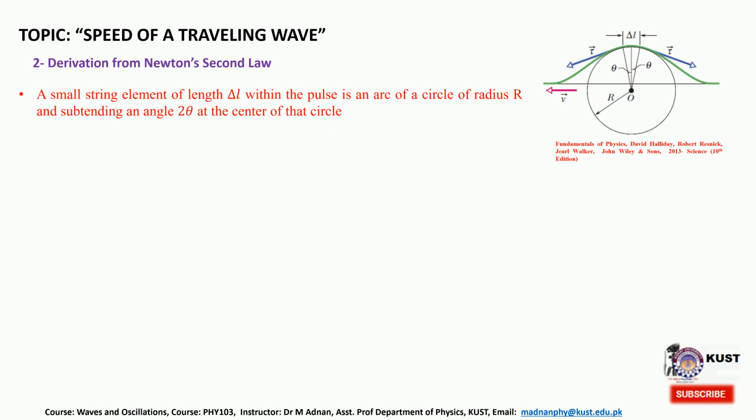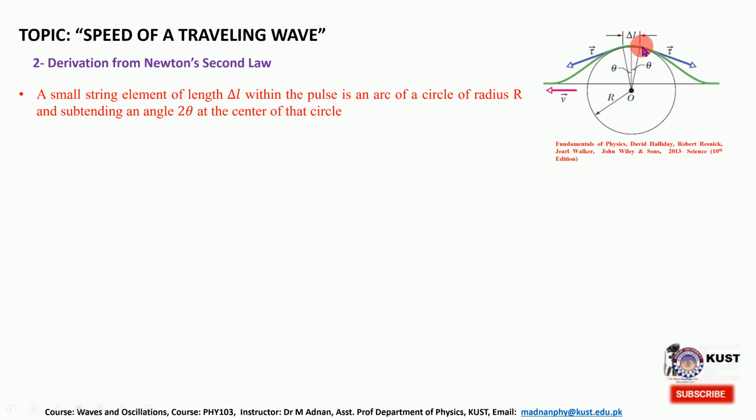Now, considering this pulse, which is taken from a string, this wave is moving from left to right. For convenience in finding the speed, we choose a reference frame in which the pulse remains stationary.